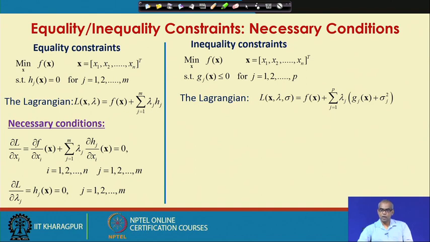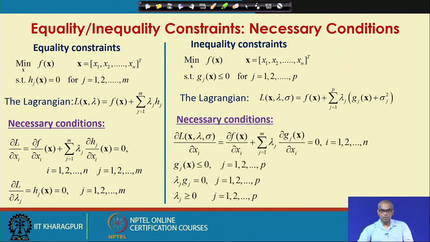This time what we do is we convert the inequality constraints to equality constraints by introducing a slack variable, a non-negative slack variable, sigma square, greater or equal to 0.